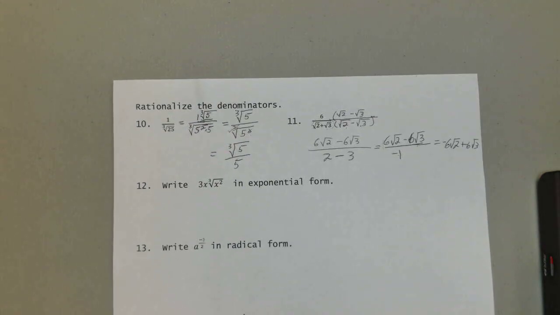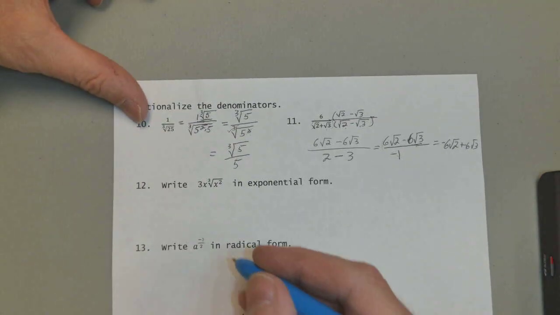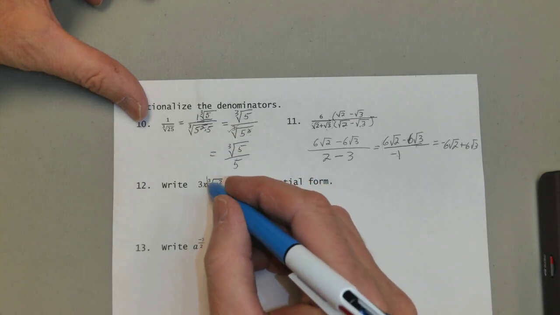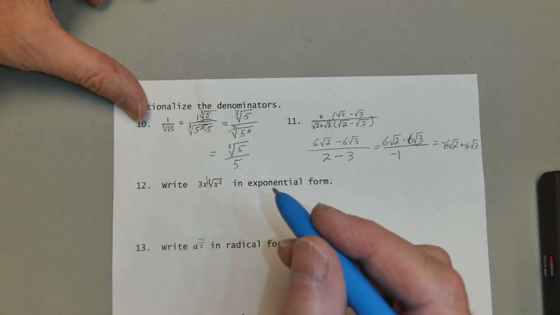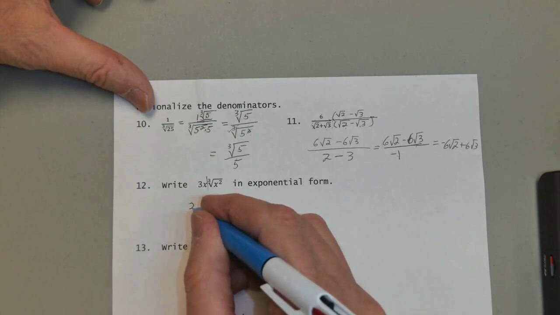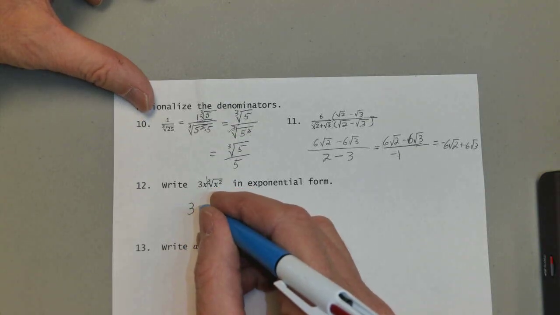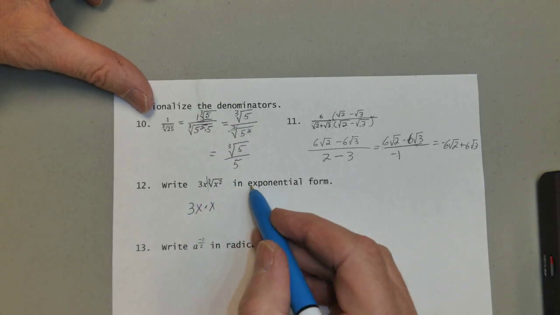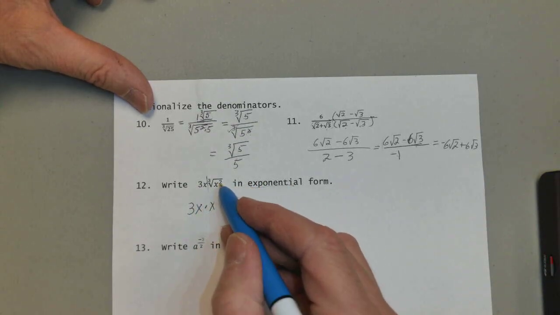All right. Number 12. Okay, this is a little confusing, but that is actually an index there. So we're talking 3x times, and I'm going to go exponential form. This is 2/3.